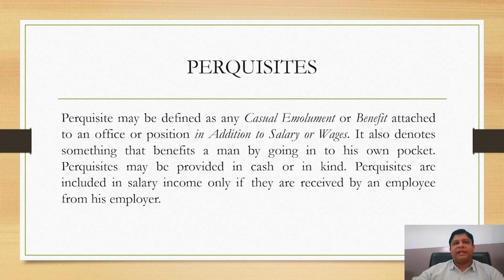As per Section 17 Subsection 2 of the Income Tax Act, perquisite includes: first, the value of rent-free accommodation provided by the employer; second, the value of concession in rent in respect of accommodation provided to the assessee by the employer; third, the value of any benefit or amenity granted or provided free of cost or at concessional rate to specified employees; fourth, amount paid by an employer in respect of any obligation which otherwise would have been payable by the employee.